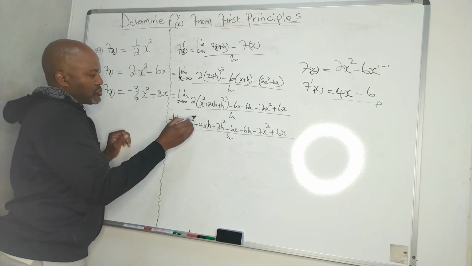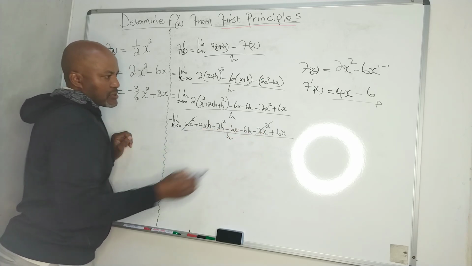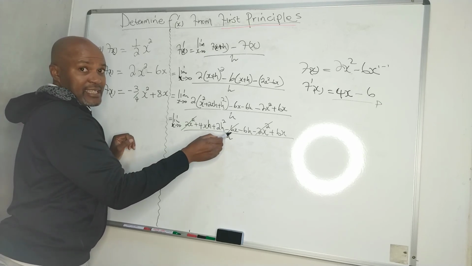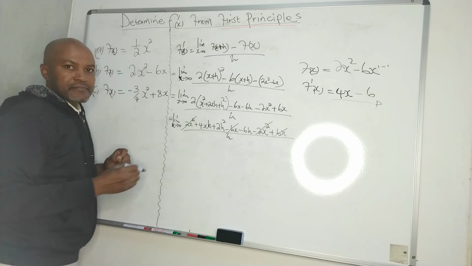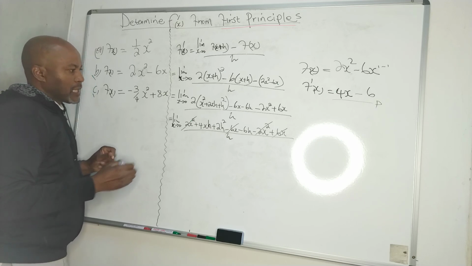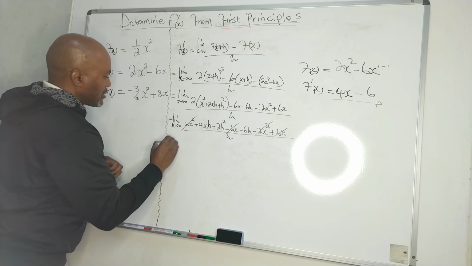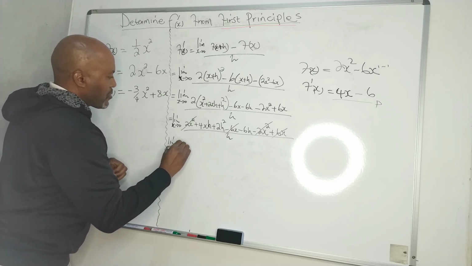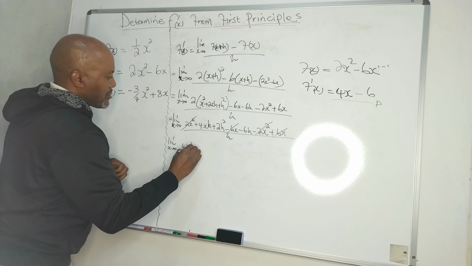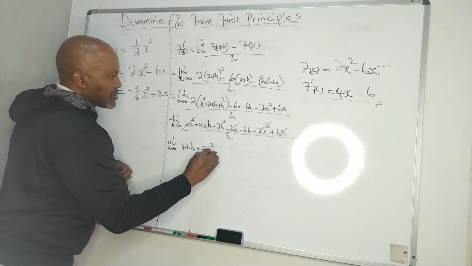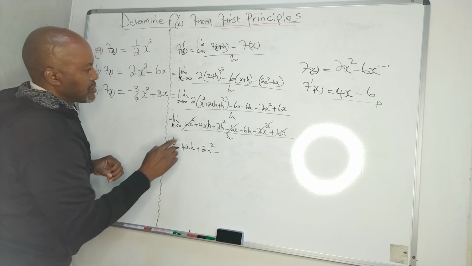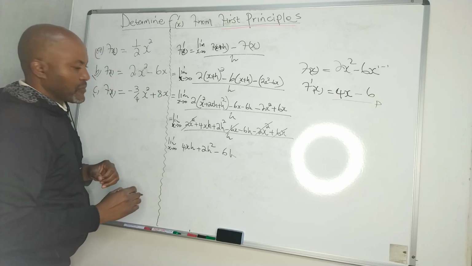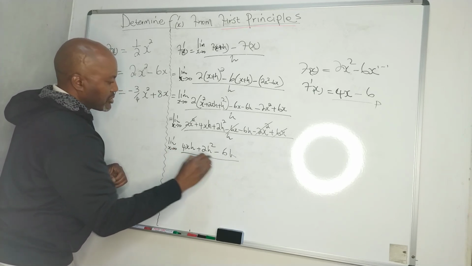Check here, this is 2x squared, it's going to cancel that one. This is 6x, it's going to cancel that one. Then you remain with the limit, 4xh plus 2h squared minus 6h, okay, all over h.